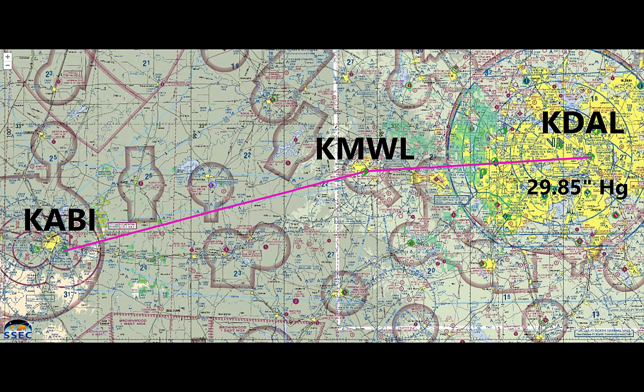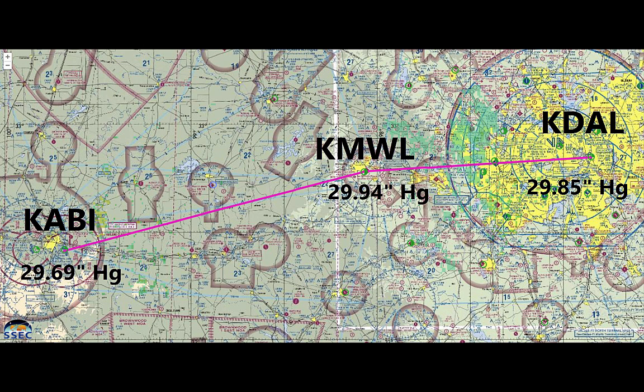When over Mineral Wells, assume the pilot receives a current altimeter setting of 29.94 inches and sets this in the altimeter window. Before entering the traffic pattern at Abilene Municipal Airport, a new altimeter setting of 29.69 inches is received from the Abilene control tower and set in the altimeter setting window.